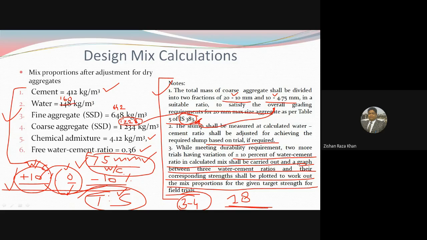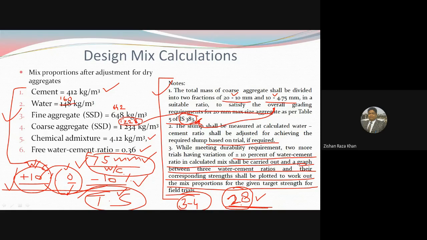But if it comes out to be right, then it is again recommended that you check this mix ratio at least once for 28 days strength, the actual strength, because this is the only strength which you can believe. Okay, because of a variety of factors, it may be possible that when you actually use it at the site, it may give you something else.